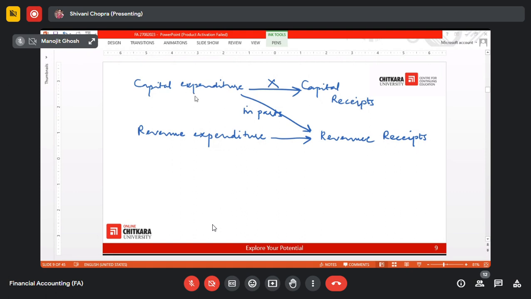Capital expenditure is again matched with the revenue receipts, but it is distributed in parts. You cannot match the complete capital expenditure with the revenue receipts. You'll have to divide the capital expenditure into small parts, and only then will you be in a position to match it against the revenue receipts. Is this okay? Great. Now we can move ahead.